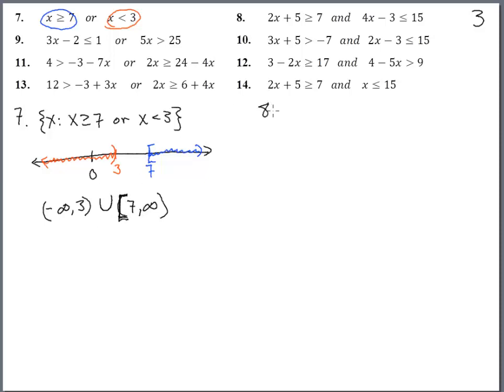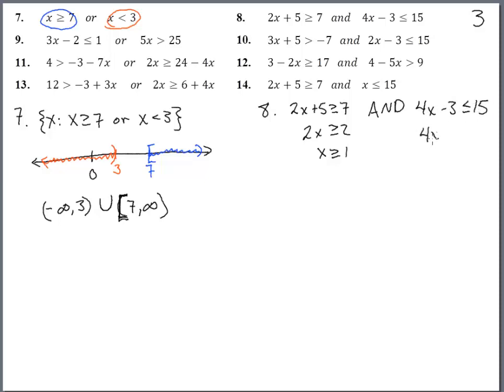Number 8. Here we have something we really need to solve. So 2x plus 5 is greater than or equal to 7. If we subtract 5 from both sides, we get 2x is greater than or equal to 2. X is greater than or equal to 1. And we have the other one. 4x minus 3 is less than or equal to 15.